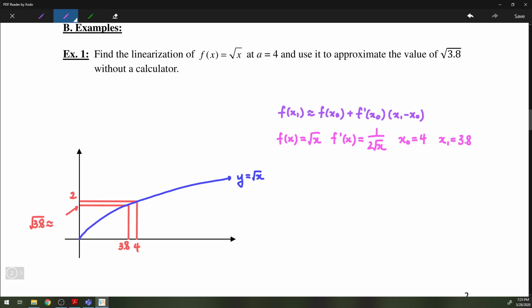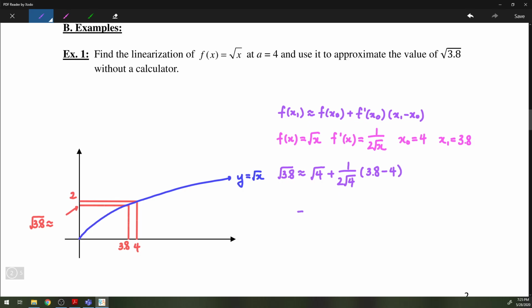So we can substitute each part into the linear approximation equation. We will have the square root of 3.8 is approximately equal to the square root of 4 plus 1 over 2 times the square root of 4, and then 3.8 minus 4.